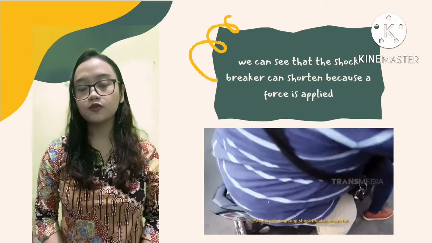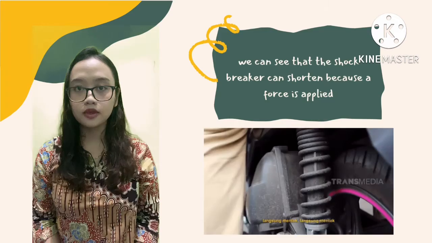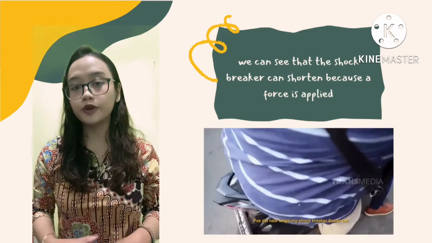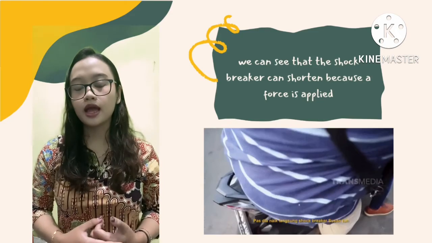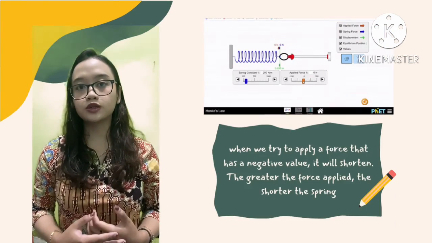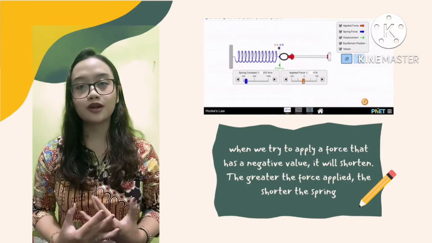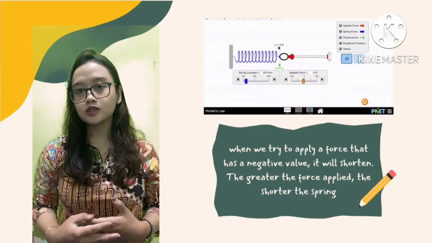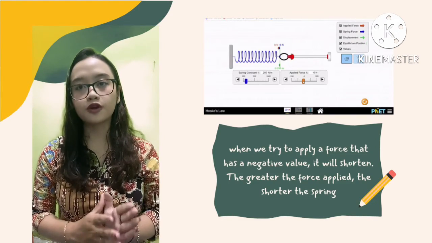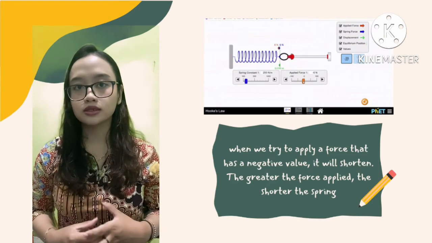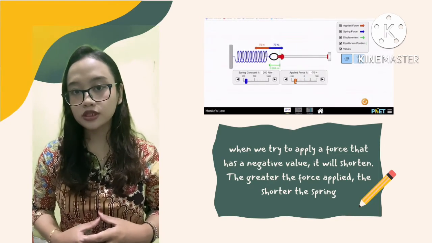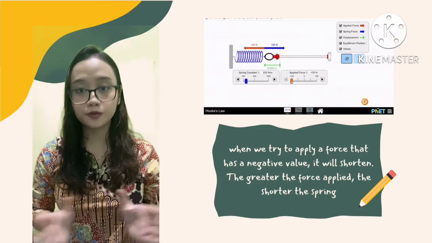If it's connected with the above phenomenon, we can see that the shock breaker can be shortened because a force is applied, as in the PhET Colorado experiment. When we apply a force that has a negative value, it will shorten. The greater the force applied, the shorter the spring.